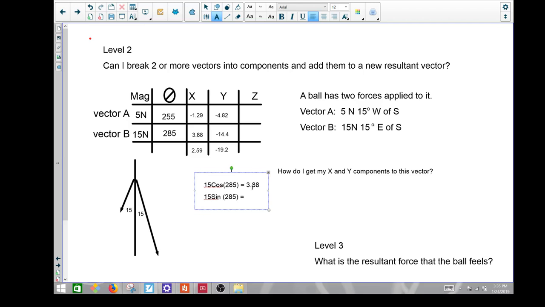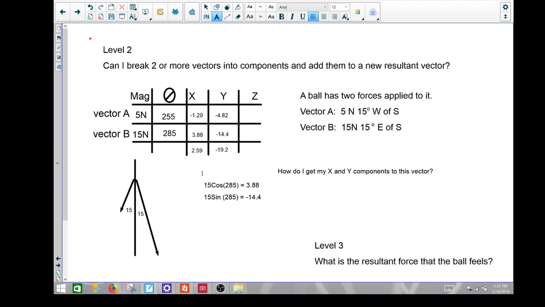All right, negative 14.4. Now, if you use just 15 in here, you should get similar numbers. Your y might be x, your x might be y, you may get those backwards, and your signs are all going to be positive. So this is one of the benefits of this particular model. All right, this is for vector B.